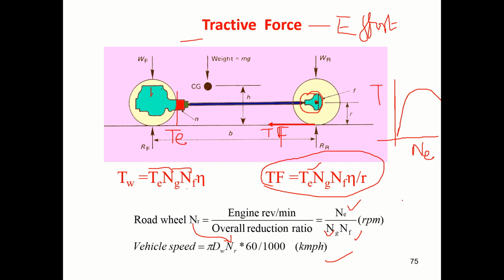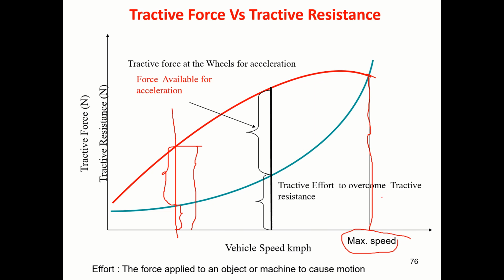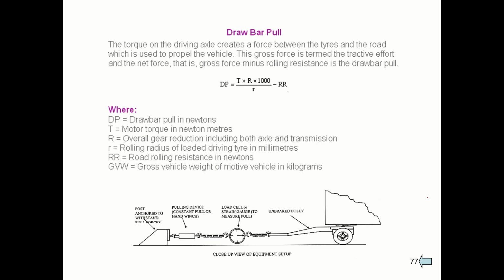Suppose the engine speed is something like 5000 RPM, let us say gear ratio is 2, then final drive ratio is 3. Then you will get the wheel speed in RPM. That's how you find the maximum speed you can attain.